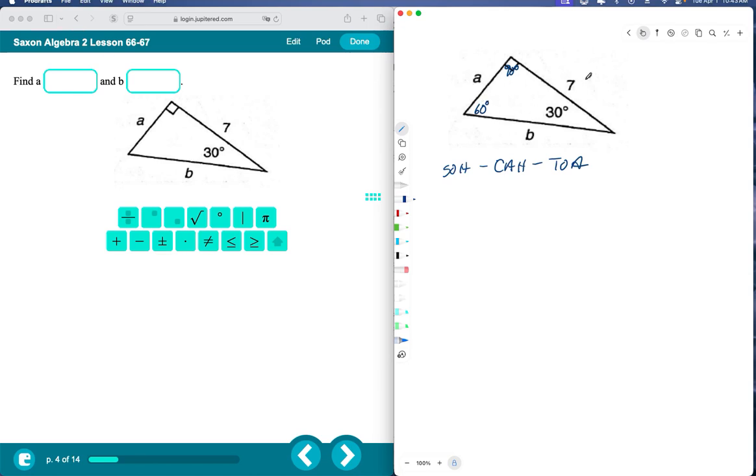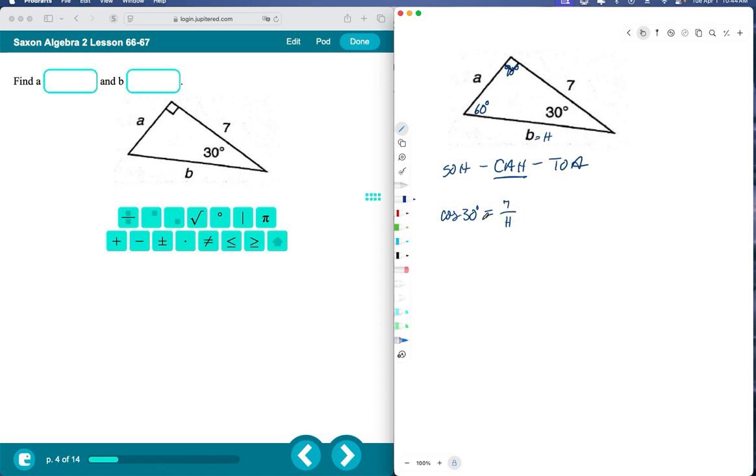I do have the adjacent measure. So the adjacent measure is here. So that's going to be the cosine of 30 is equal to the adjacent over the hypotenuse, which would be b. b is the hypotenuse.